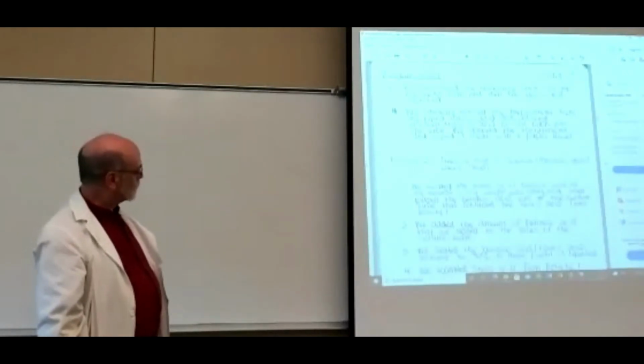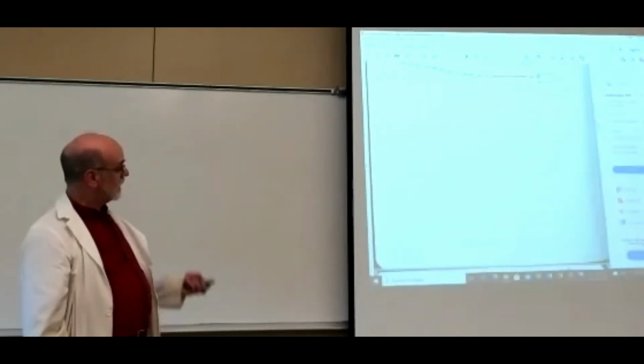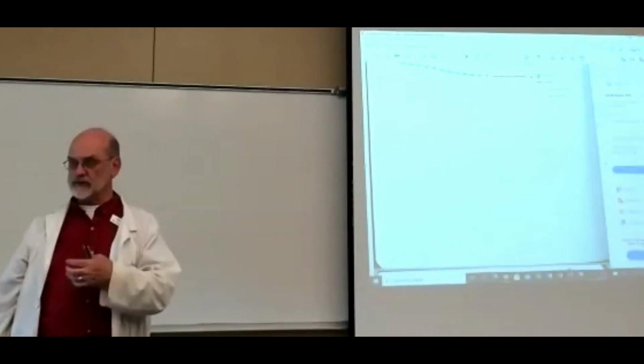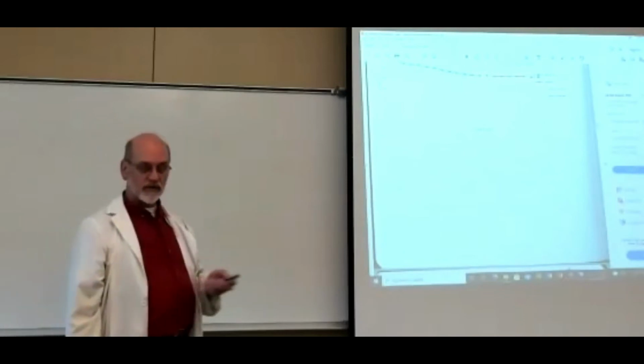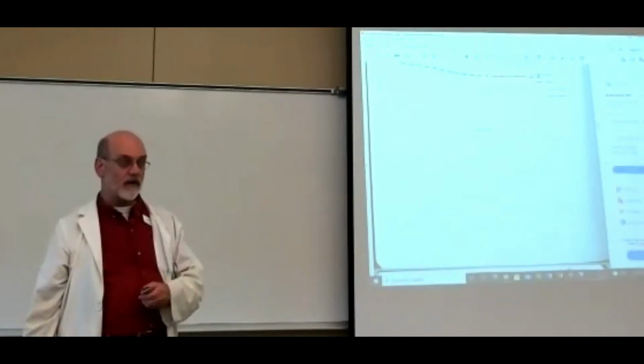Okay, and there's more procedure. There's another activity. And then this student cut and pasted an Excel spreadsheet graph they generated with the data. You can do it that way, or you can draw it in, whatever it takes. And some experiments don't require that.